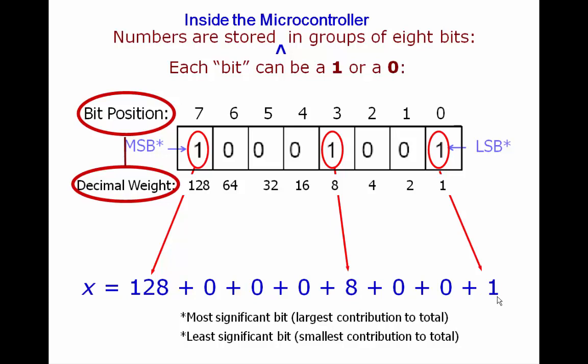And finally, the LSB contributes a 1. If we add up all the contributions of the bits that are set to 1 in this example, we get 137. So the binary word shown in the middle of the slide equals 137, represented as a decimal number.